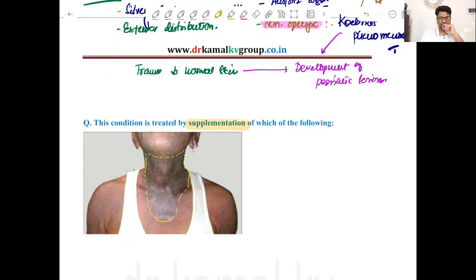Any idea what this is? If you can identify the condition, you can answer what will be needed for treatment. Anyone? What is shown in this figure?